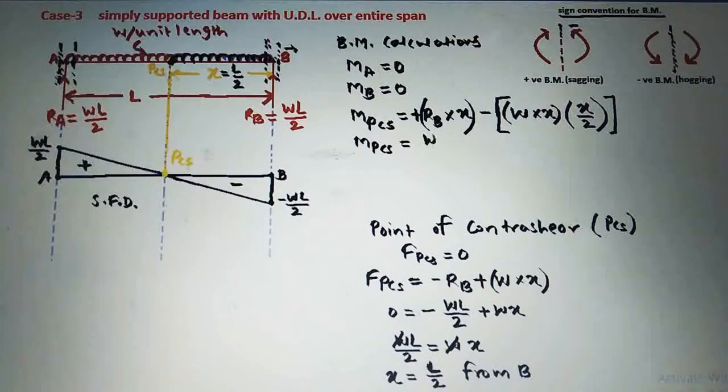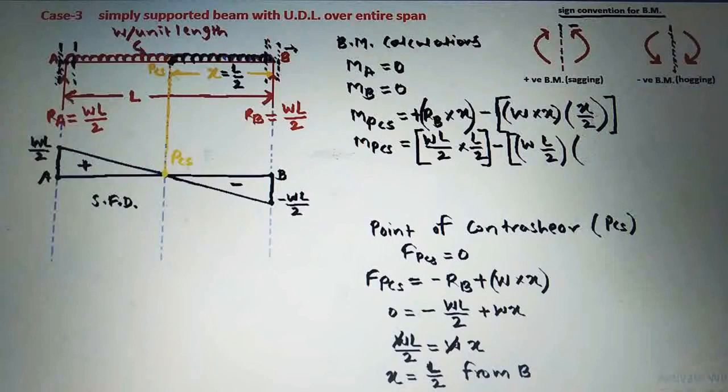RB is W into L divided by 2 into, what is X? X is L by 2 minus, in bracket, W into, what is X? X is L by 2 into, what is X? X is L by 2 divided by 2 here.